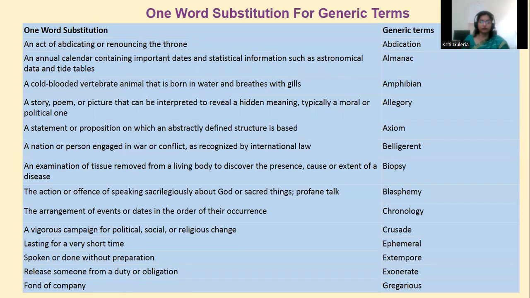So that word almanac means the annual calendar which contains important dates and statistical information. Then after that, we have another phrase which says a cold-blooded vertebrate animal that is born in water and breathes with gills. It is referred to as amphibian.